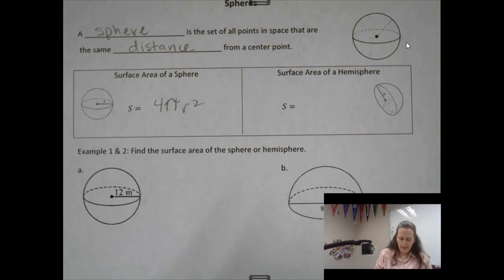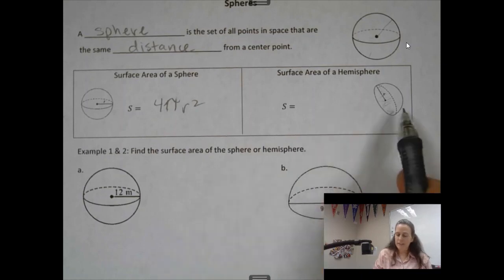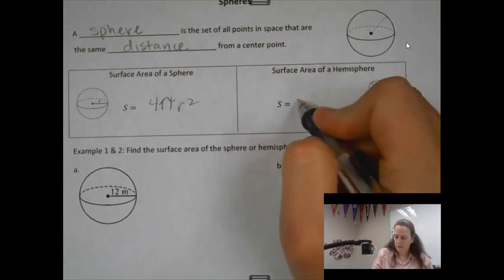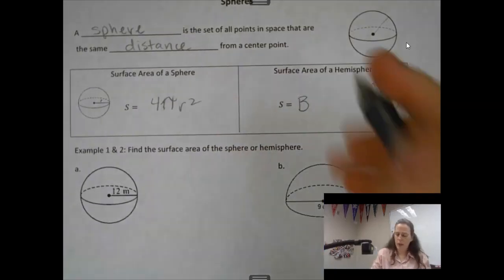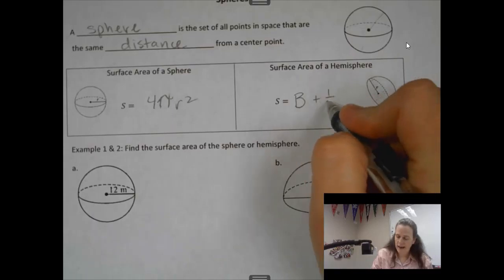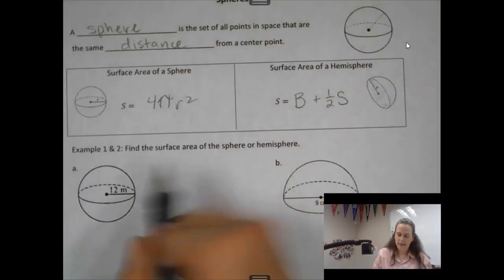So the way to find the surface area for a hemisphere, we're going to say that base or that center piece plus 1/2 of the surface area of the whole sphere. So you have to take half of that and then add that circle that kind of caps it off.